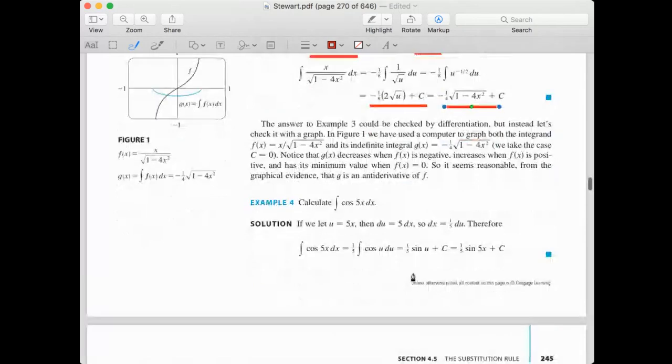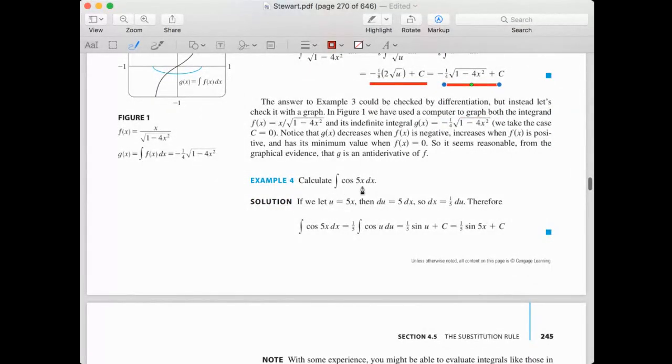Okay, let's keep going. So this integral is cosine 5x, right? So let's substitute u equals 5x. So we see this is f of g, right? 5x, then du equals 5 dx, or dx equals 1/5 of du. Now we're ready to substitute. So we substitute cosine 5x dx into 1/5 of cosine u du.